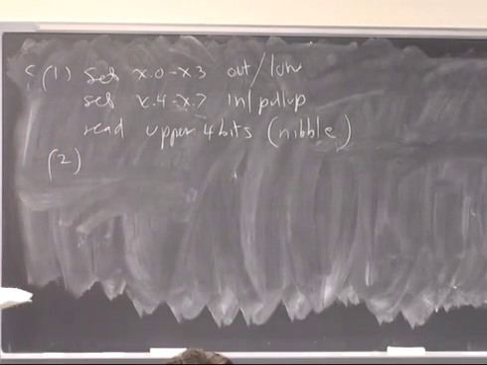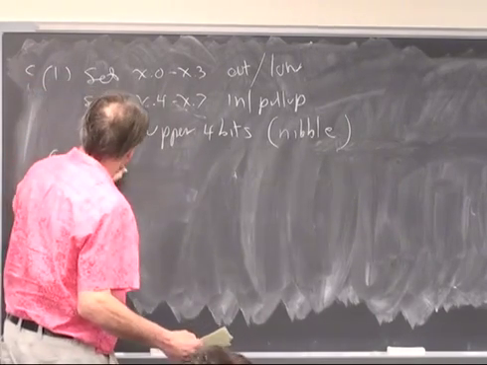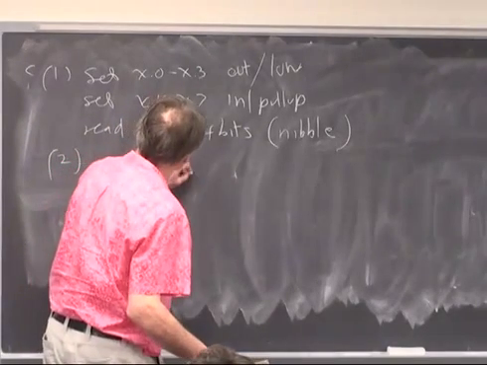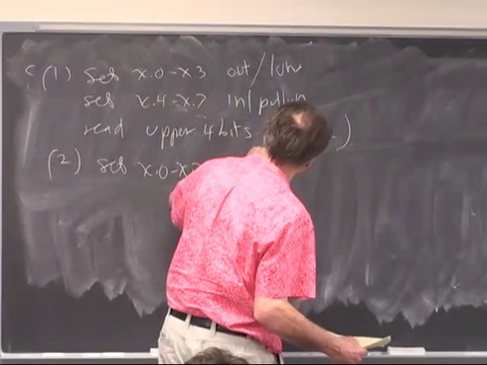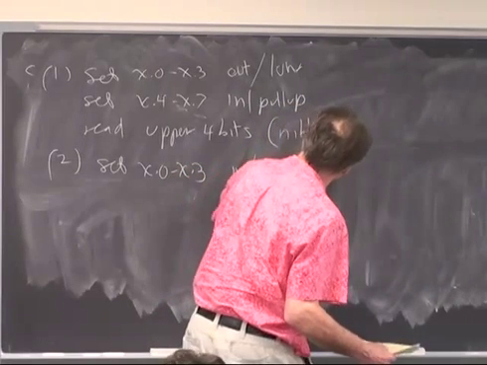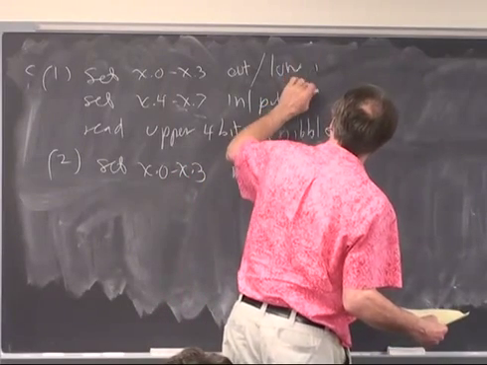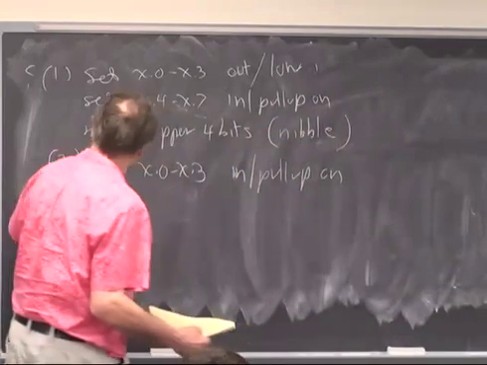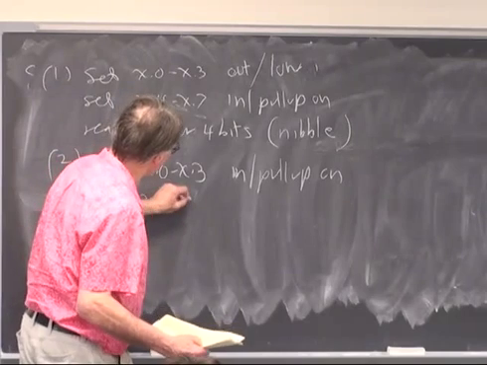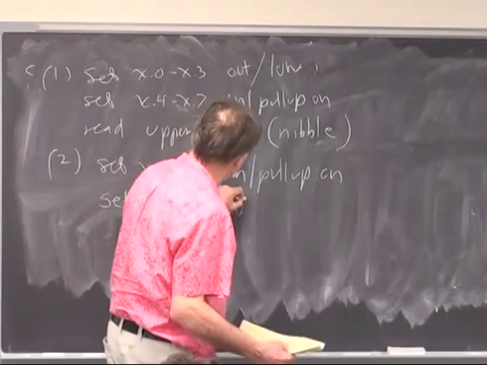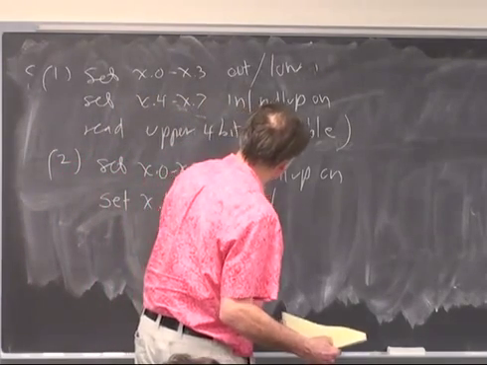And then we're going to reverse this. We're going to set x dot 0 through x dot 3 to be inputs with pull-ups on, and x dot 4 through x dot 7 to be outputs and low.